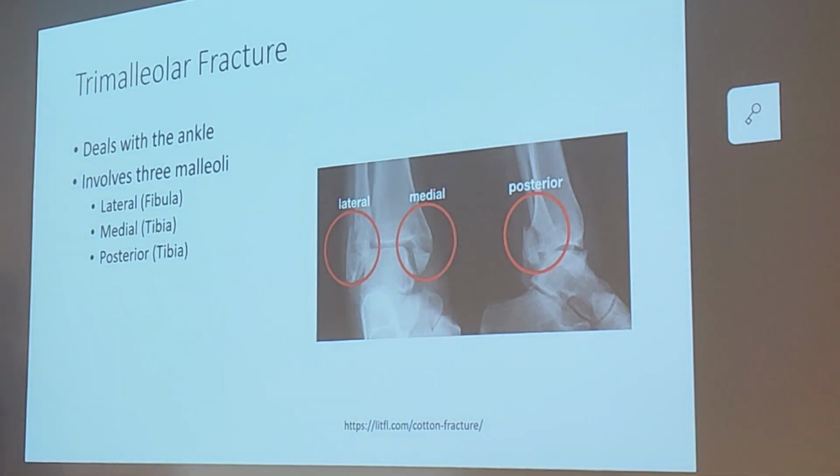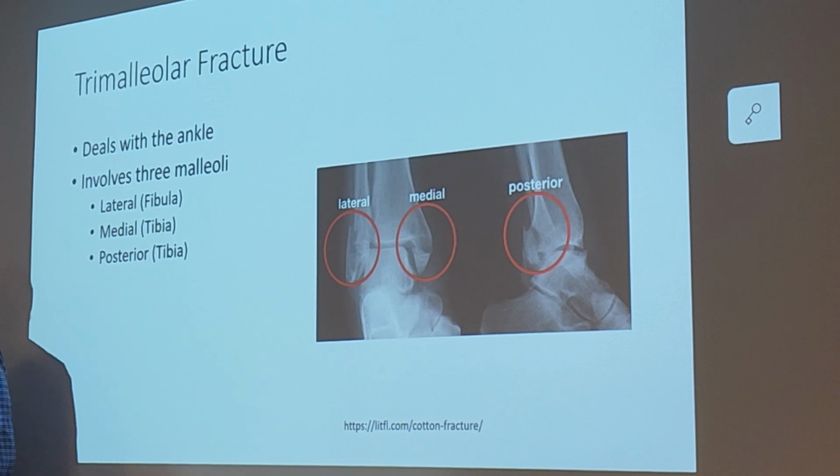Are there any other names for the trimalleolar? Oh, you mean like how bimalleolar had the Pott fracture? This one says Cotton fracture, down at the source. I'm not going to worry about that. Good question. Okay, so I'm just going to call this trimalleolar fracture.